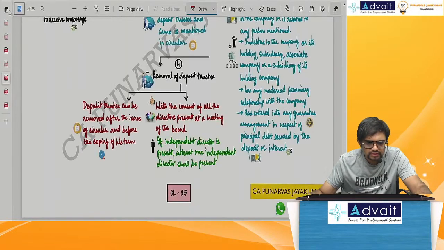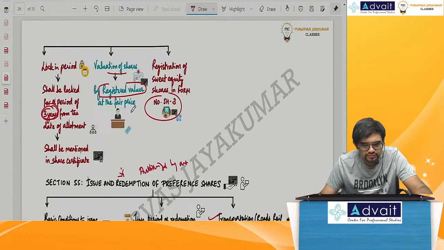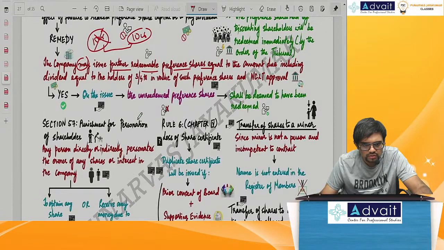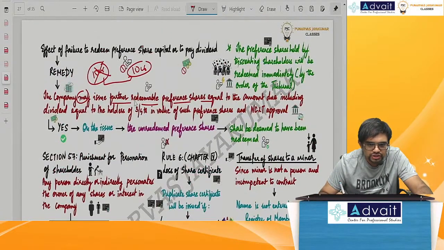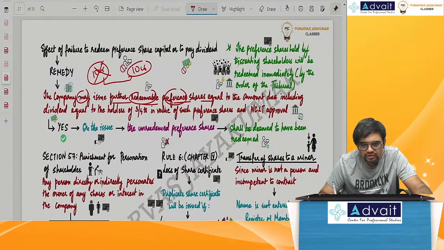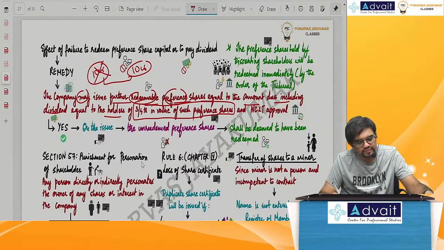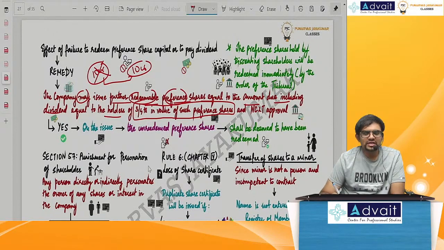Yes, the company may issue further redeemable preference shares equal to the amount due, including the dividend, with the consent of holders of 3/4 in value of such preference shareholders, and NCLT approval.